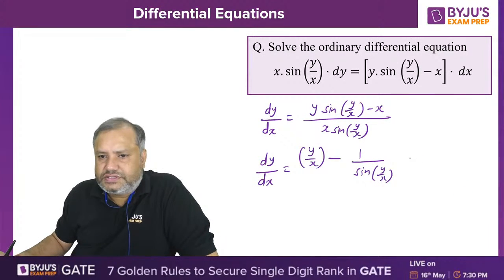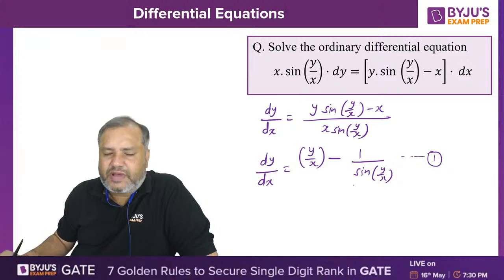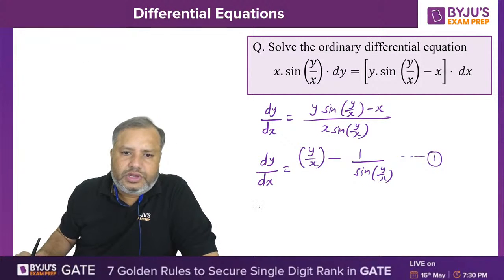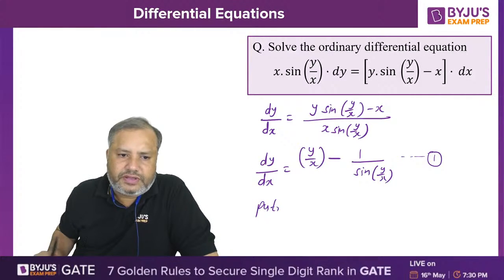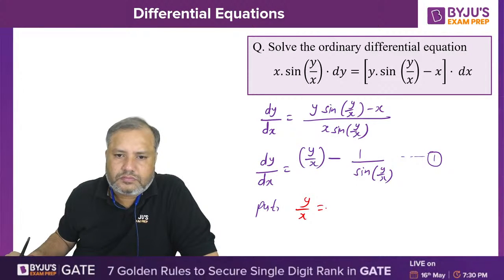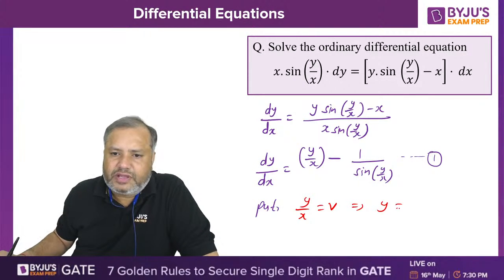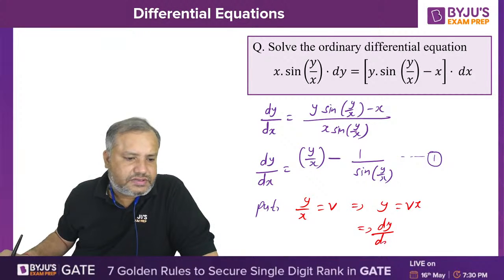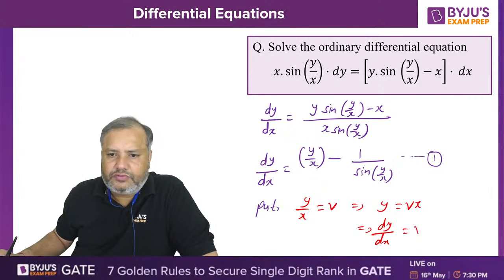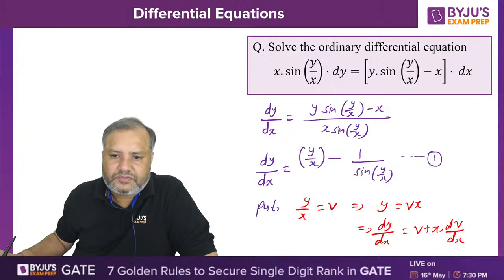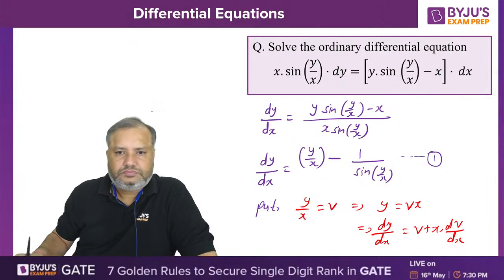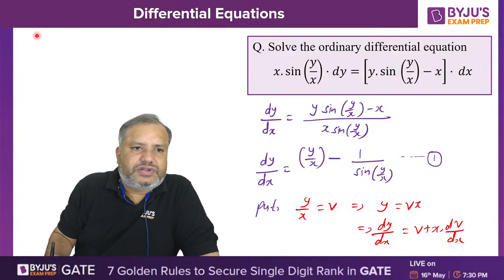So students, this is my equation number 1. What you need to do? You need to put y by x equal to v. So y will be equal to vx. This implies dy by dx equals v plus x dv by dx. Got it? So do this substitution in this equation 1.